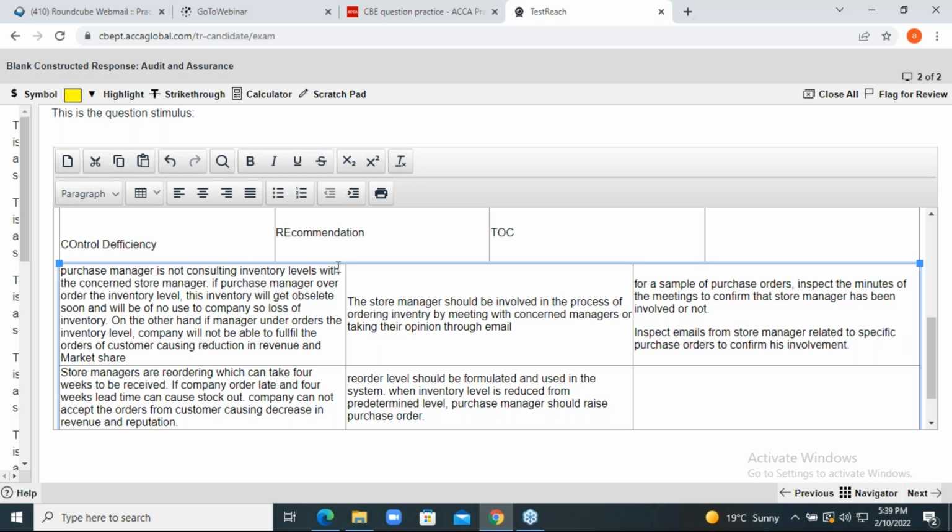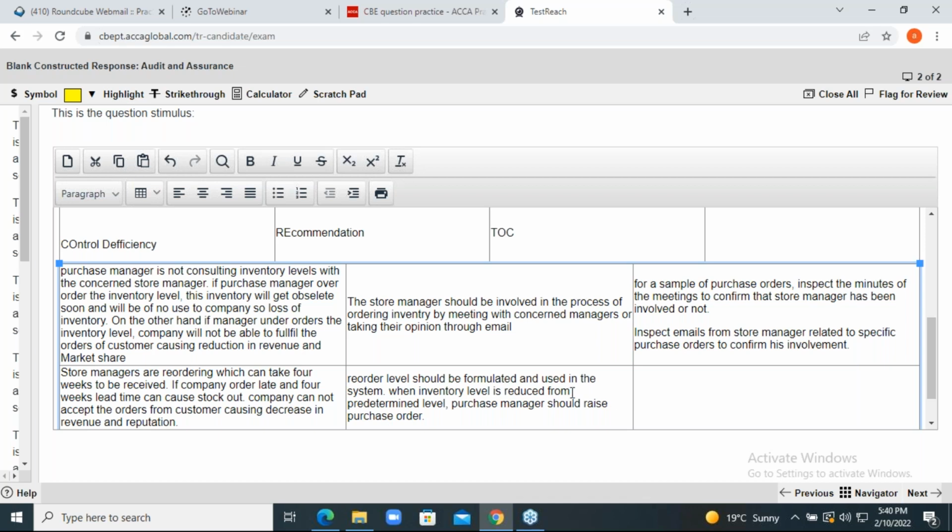Now we are going to write the test of control for this recommendation. How are we going to write it? In the last question in Tinkerbell, a system would automatically check that the required level of inventory is there or not. So you can do that.